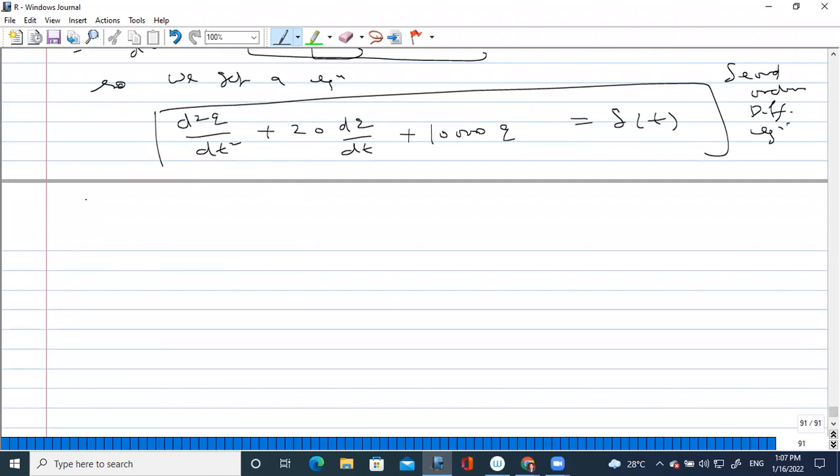So here suppose Laplace of this q is equal to fs, same thing I can take. So take Laplace of the equation.